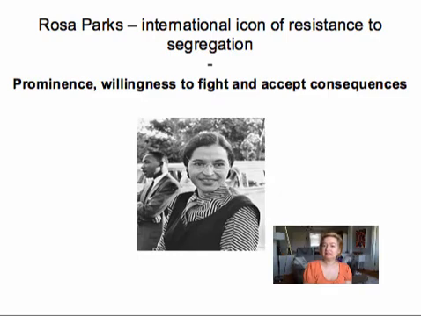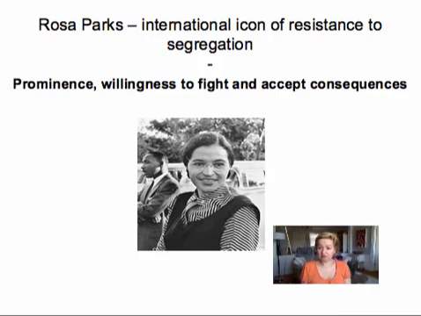So let's see, for example, Rosa Parks. Who was she? She became an international icon of resistance to segregation in the US. She was an activist in the civil rights movement, best known for her role in the Montgomery bus boycott. What happened?